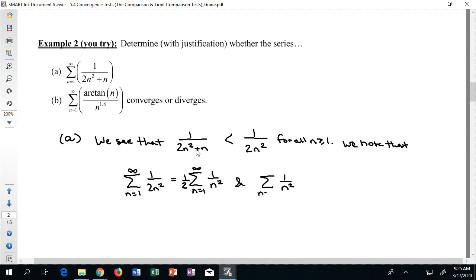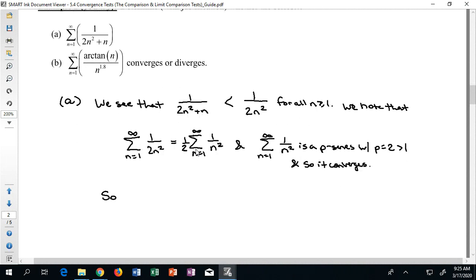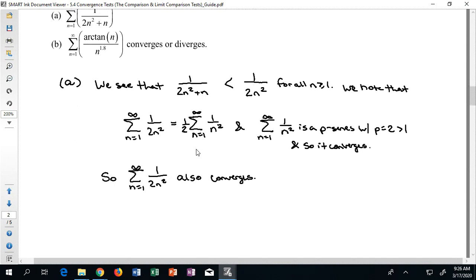So I'll say this guy is a p-series with p equal to 2, which is greater than 1. And so it converges. So the series 1 over 2n squared also converges. Okay, great. So I kind of see right now that this bigger addition problem is going to be convergent. Got to check my conditions though.